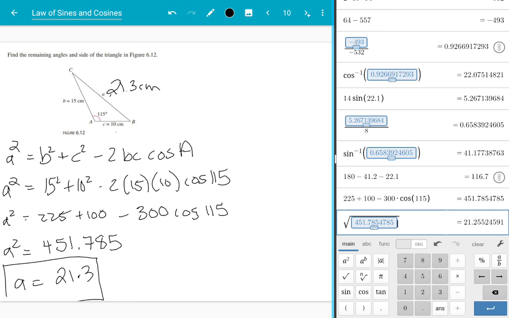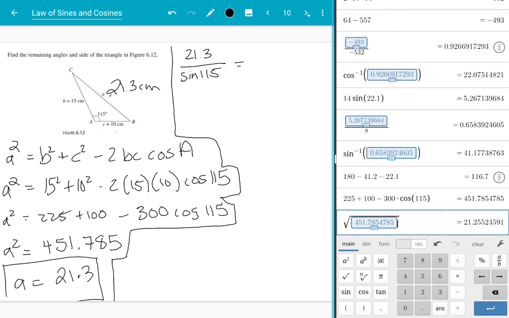Okay, and then let's go ahead and find the other two angles. To find the other two angles, we set up law of sines again, and then we are done. Okay, so doesn't matter. Let's pick C. So we have 21.3 over the sine of 115, and that's going to be equal to little c over, little c is actually provided.